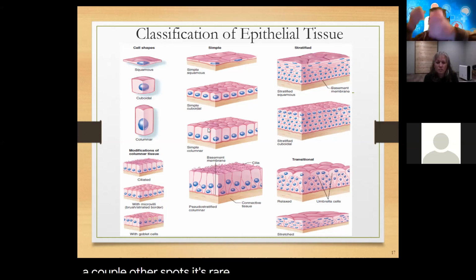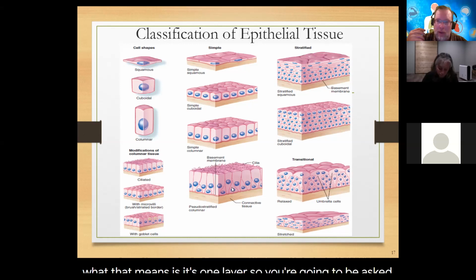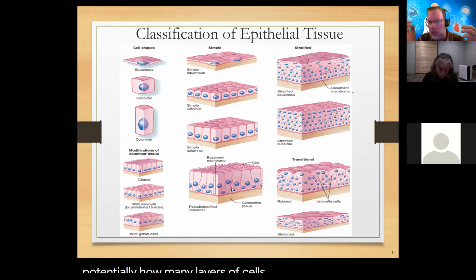Multiple layers of columns doesn't really jive that well with what we're trying to accomplish in most organs, so we don't see it that often. Pseudostratified, there's that term. Pseudo meaning appears to be but isn't. Pseudostratified columnar means it's one layer. So you may be asked how many layers of cells are within pseudostratified columnar epithelium, and it's one.